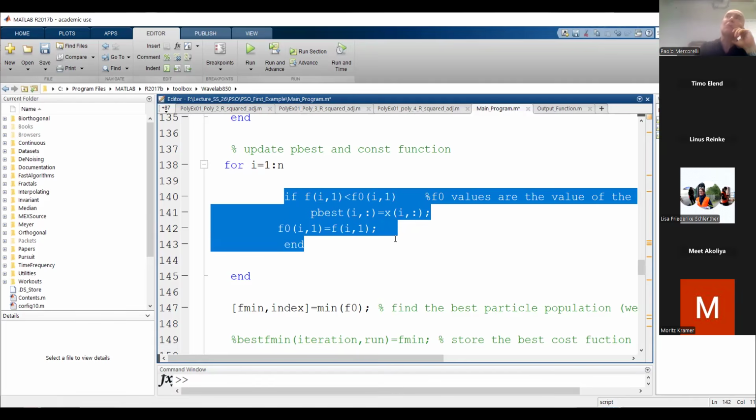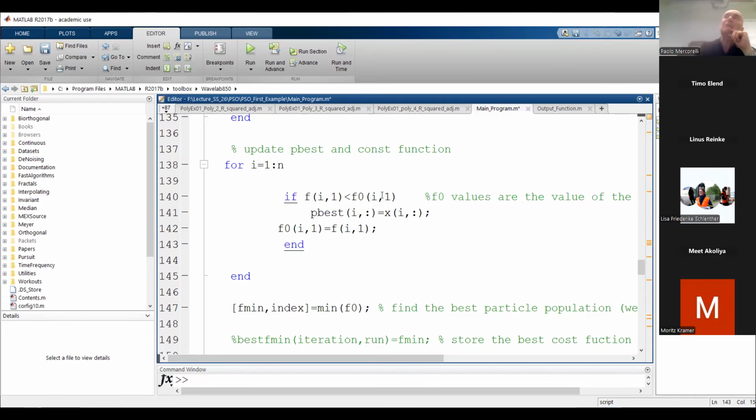It's a little bit more complex than for. For is just running. Here is a little bit more complex, but what is the meaning of this? Basically, if I have something better at step 1 with respect to the step 0 initialization, I will put the I which is better, with its coordinates, in P best. Basically, I replace the old position with the new one because it's better, no?